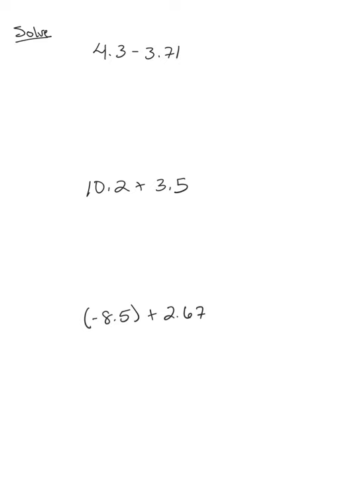Let me show you. Let's do 4.3, and we're subtracting 3.71. Now I want you to key in on a couple of things. When you're doing decimals, you line up the decimal points. That makes sure everything is in the right column.